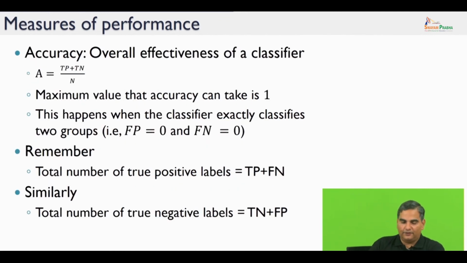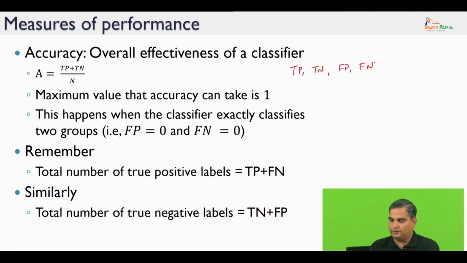So, the first definition is how accurate the classifier is. This accuracy is very simply defined as: in all the samples, how many times did the classifier get the result right. So, we had true positive, true negative, false positive, false negative.